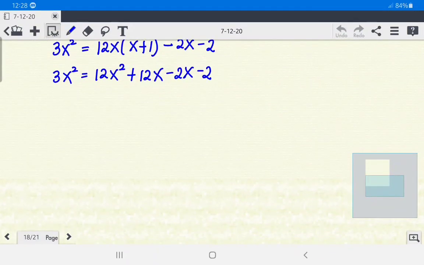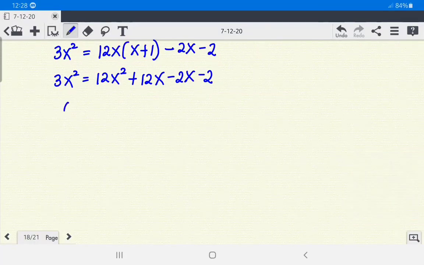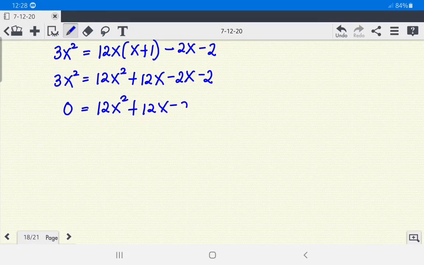Then we have, let us just transpose 3x to the right side. So they are just the same. So we have 0 equals to 12x squared plus 12x minus 2x minus 2 minus 3x squared.